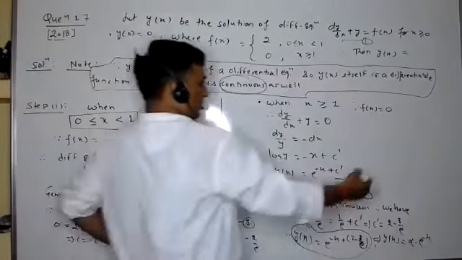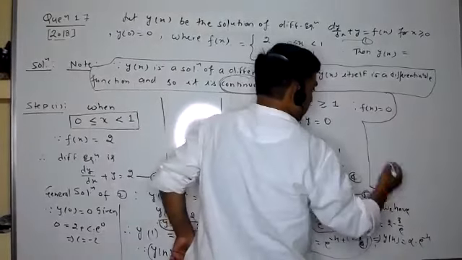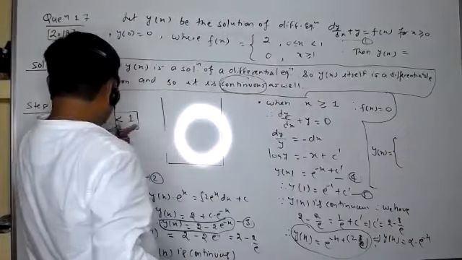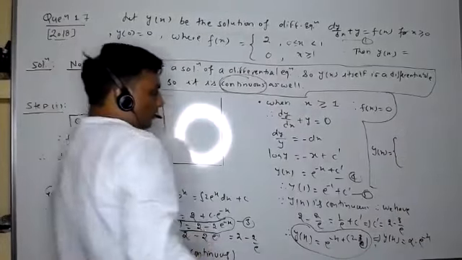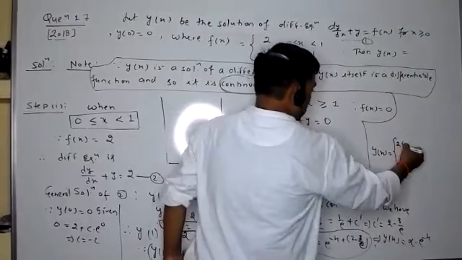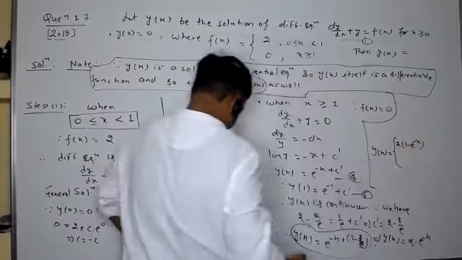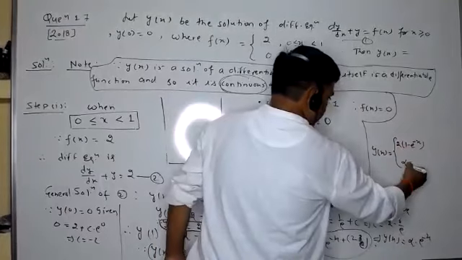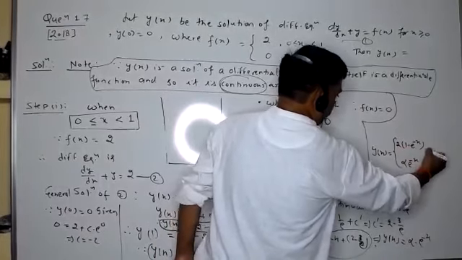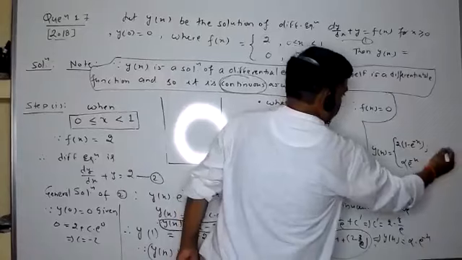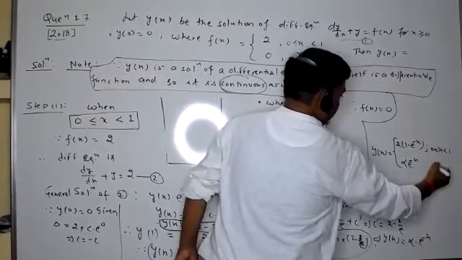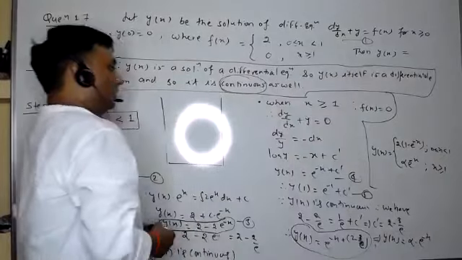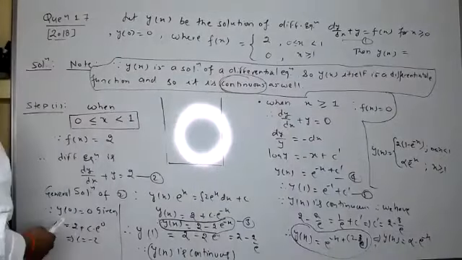So what you can say? y of x, when x is less than 1 and greater or equal to 0, is coming out as 2 into 1 minus exponential of minus x, and it is coming out as alpha into e raised to the power minus x when x is greater or equal to 1. Is it any choice?